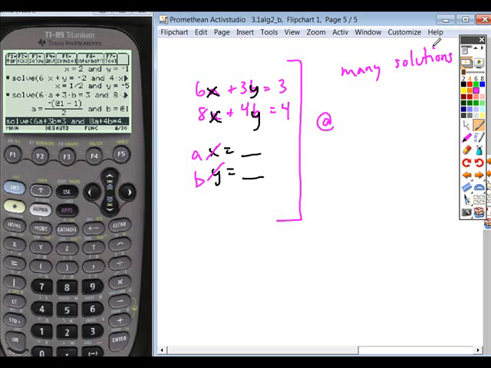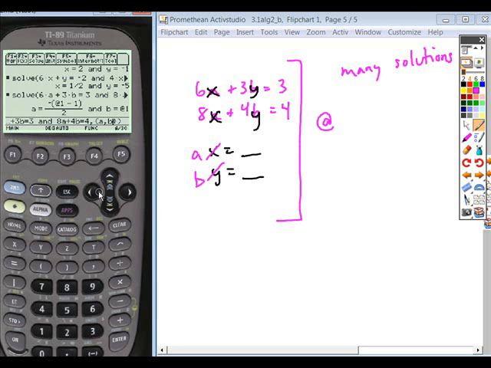So this is an equation that has many solutions. It's the same line over the top of itself. So when you're looking at this set, anything that comes up with this @ symbol means many solutions or an infinite number of solutions.